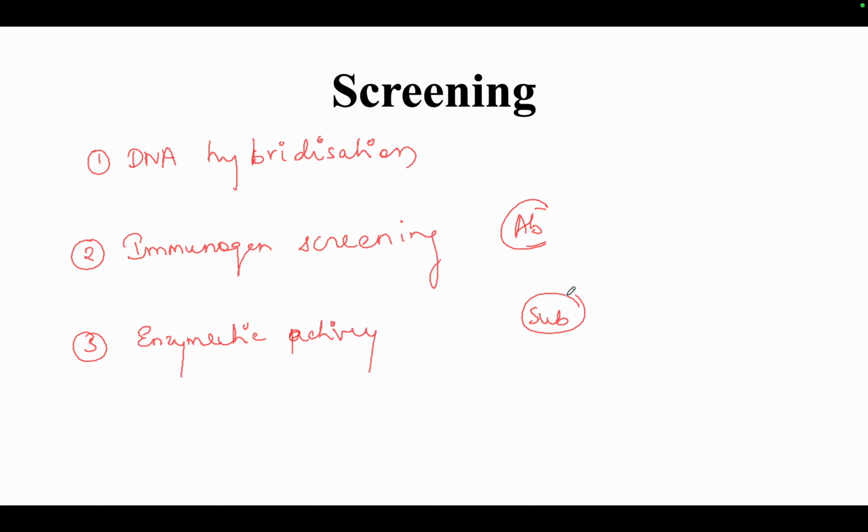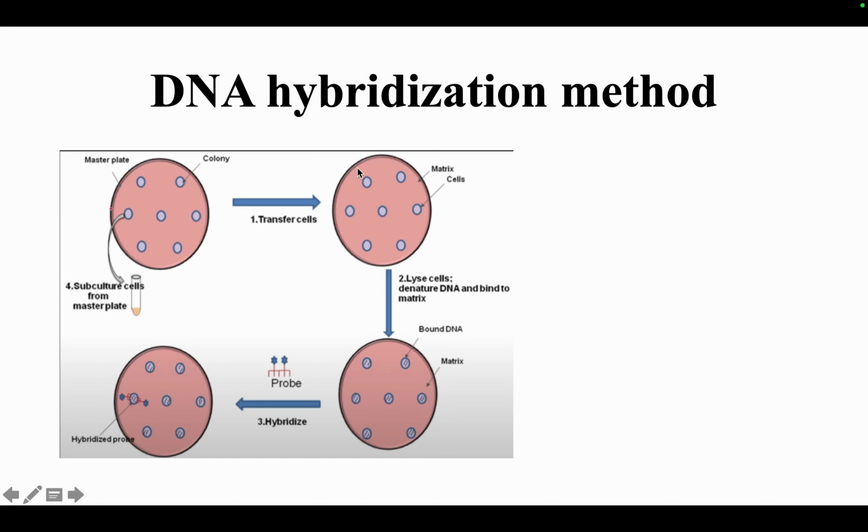So the first is the DNA hybridization method. This technique is known as the replica plate technique, and it is very widely used for DNA hybridization. We have a master plate here, and then we have different clones or different colonies, and each colony is made up of one single cell which has our vector in it.